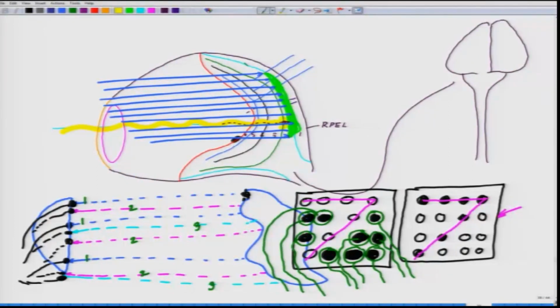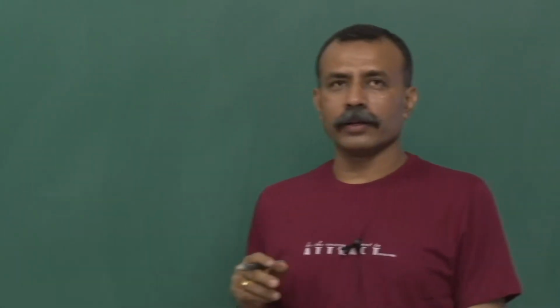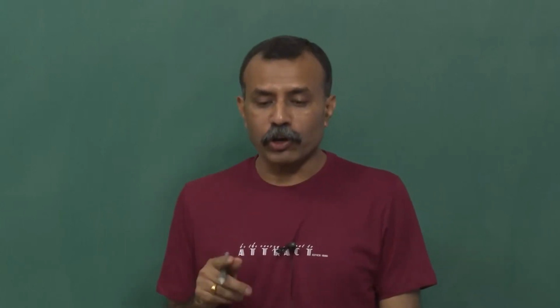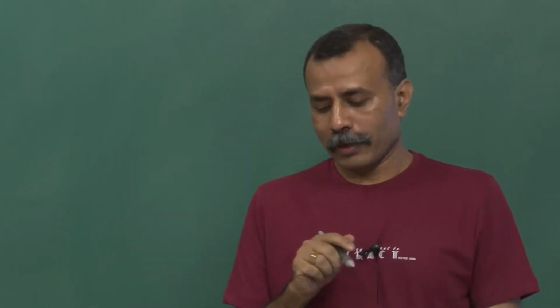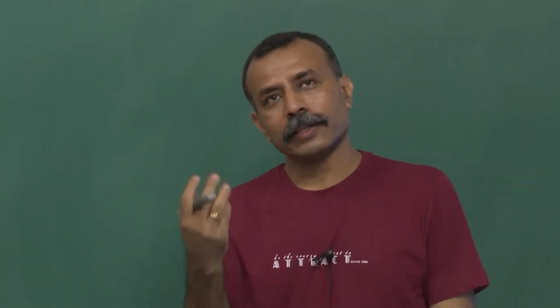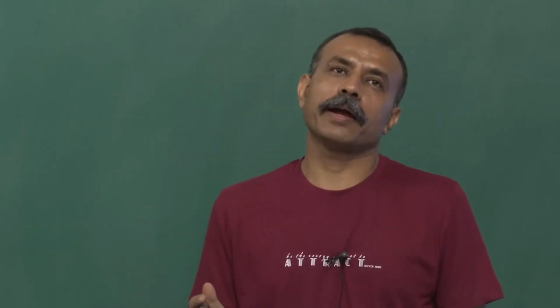Whereas these 1, 2, 3, 4, 5, 6, 7, these 7 are not sending any signal, right? Not sending any signal also means a signal. Why? Because just look at it. By not sending a signal, it is also generating a pattern.